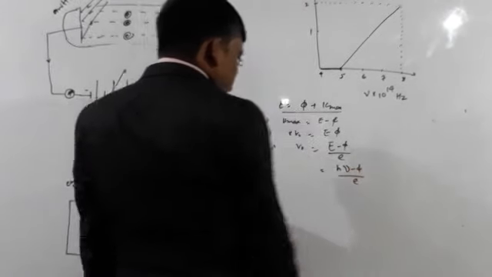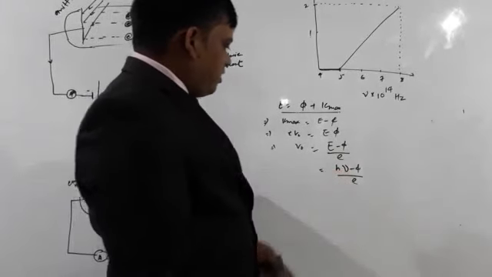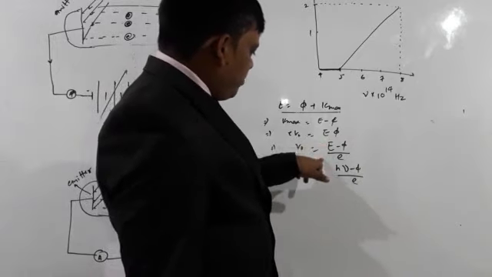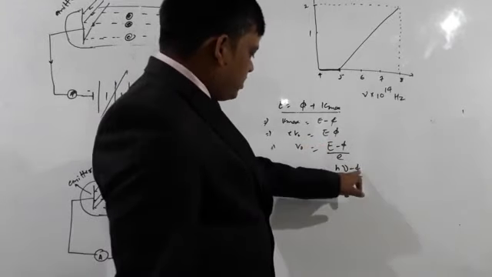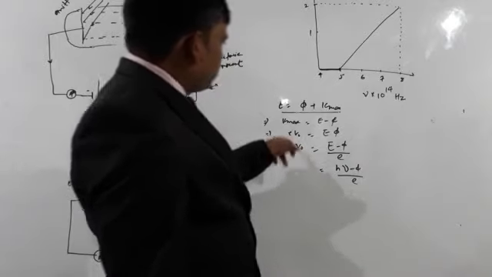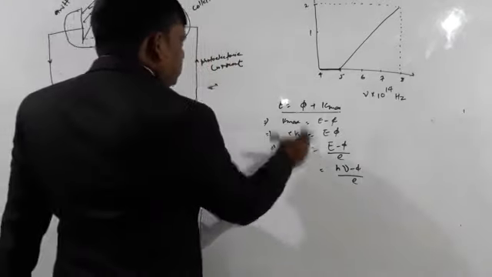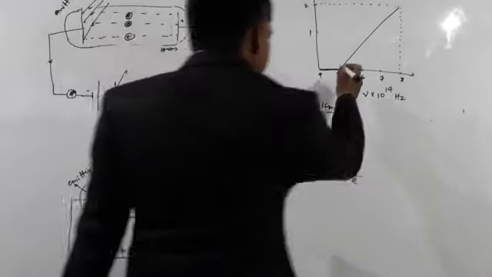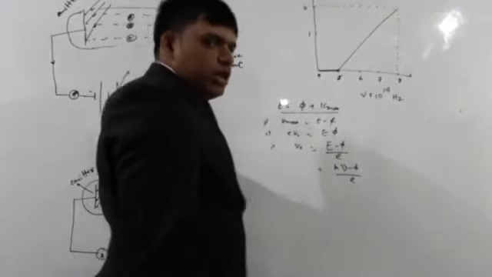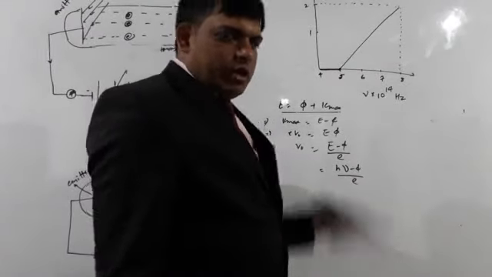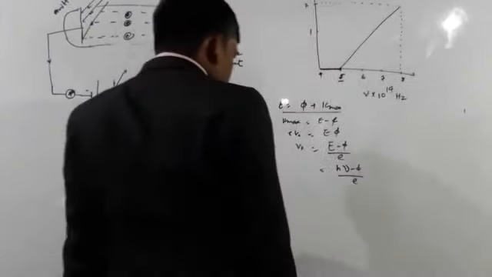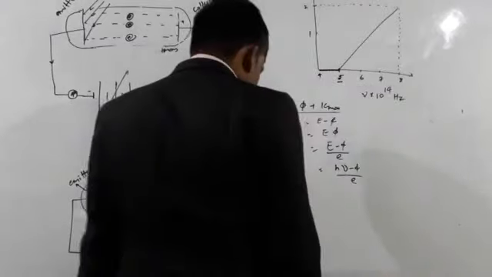So if the value of nu is smaller such that the incident energy of the photon is smaller than the work function, then we need not apply the stopping potential. So this is nothing but the frequency which is sufficient to eject the electrons from the emitter. So this is the threshold frequency here.